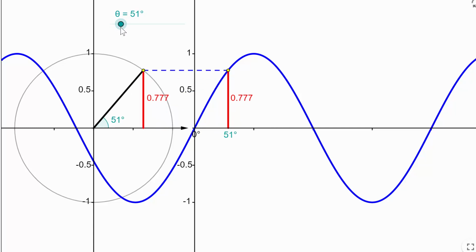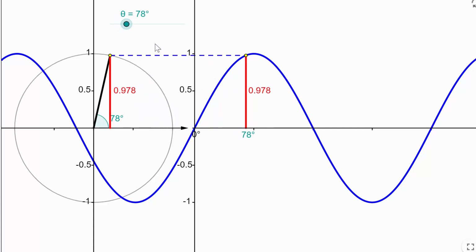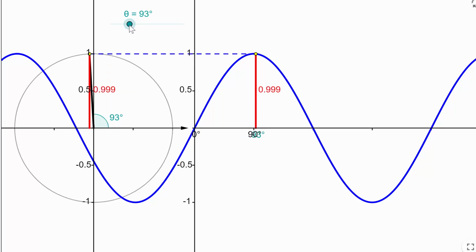If we continue to increase the angle, you can see that we move to the right across this graph. And let's try to get to 90 degrees. The sine of 90 is 1. And so this point here is plotted at the coordinates 90 degrees, 1.